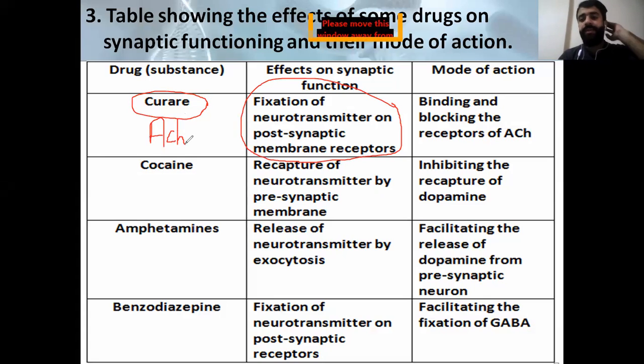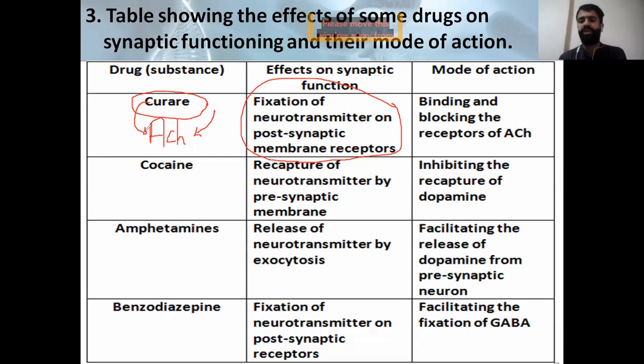They are very similar in structure, so they compete and fight each other in order to bind to the receptor. Whenever Curer binds to the receptors, it inhibits the action of acetylcholine. Thus, it will inhibit partially or totally, according to the dose and according to the receptors, the action of the acetylcholine. How? Curer has a relaxation mode, even though it has an inhibitory role.